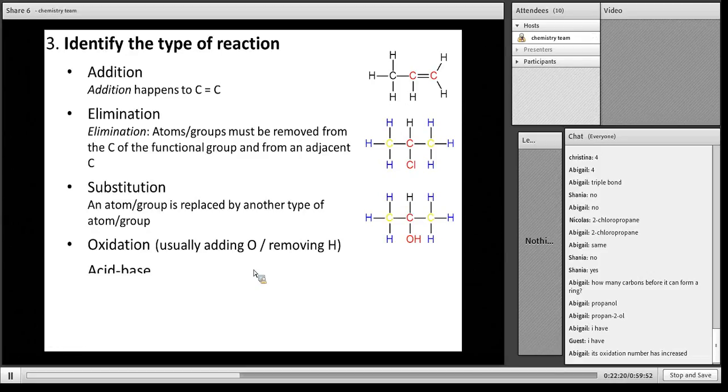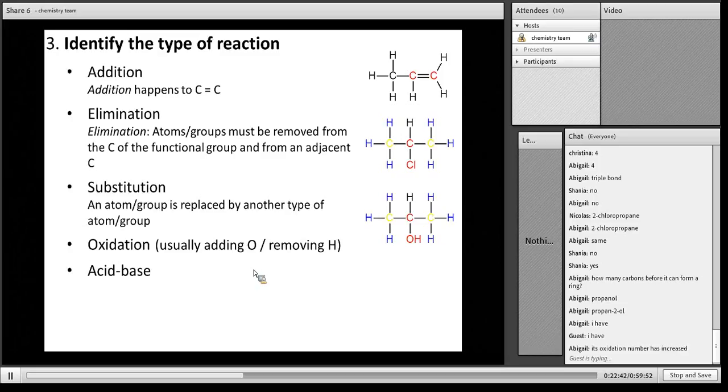Okay, and then the final one you need to know is acid-base. So I think you all know what happens with the acid-base reaction if you've done it in level 1. Otherwise, if you've forgotten about that, you will do it in the 2.6 standard. But would anybody like to say what an acid-base reaction is? If you've done the titration, you would have come across an acid-base reaction there.